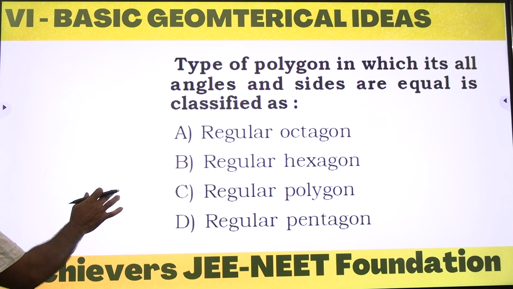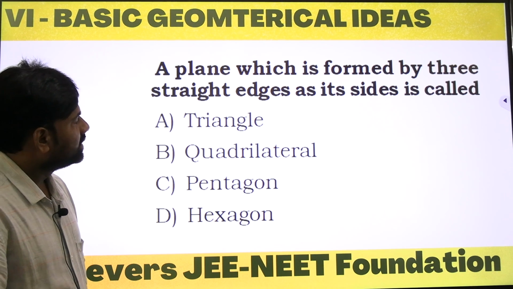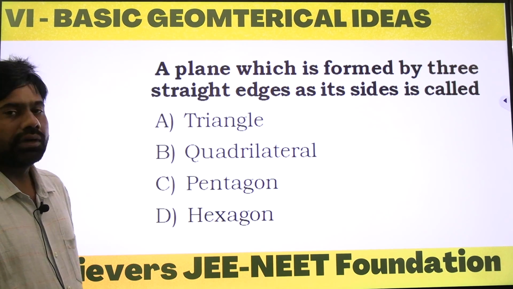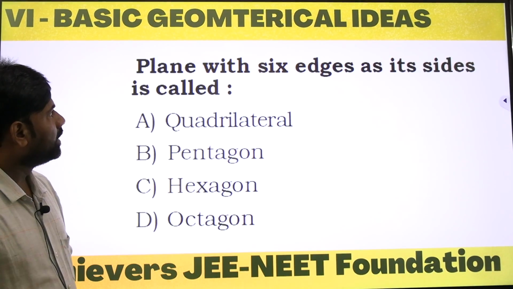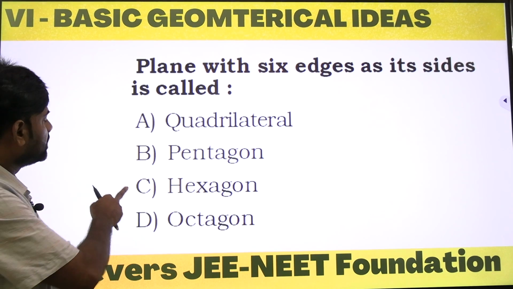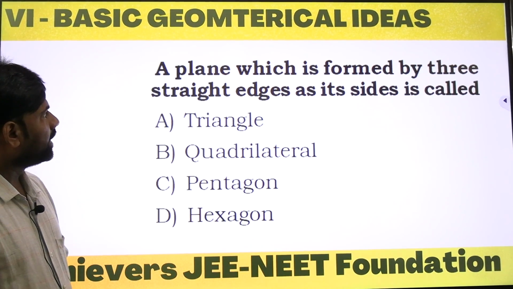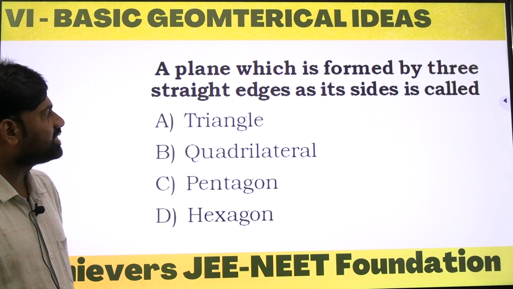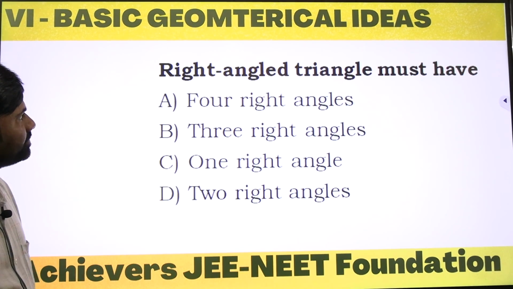Let us go for next question. A plane which is formed by 3 straight edges as its sides is called a triangle. Therefore, first option is the correct answer.